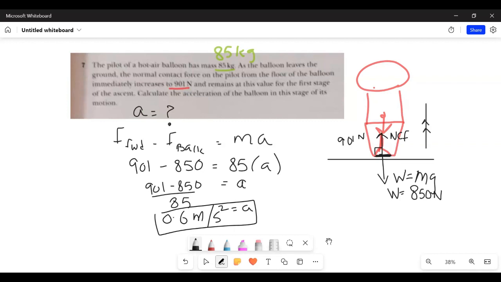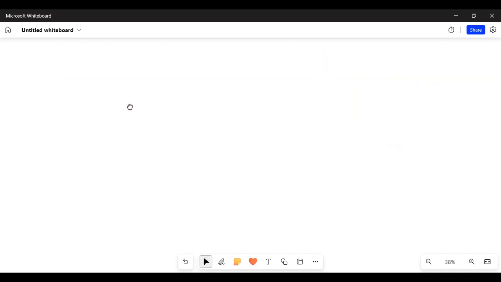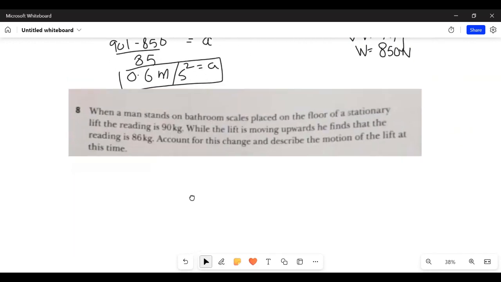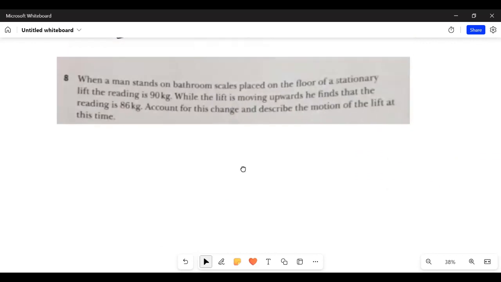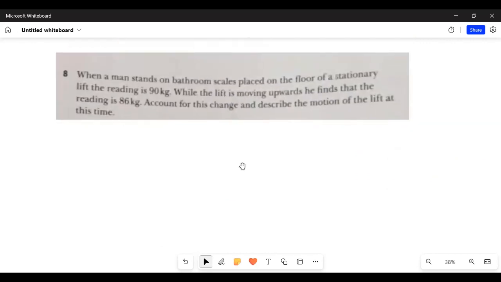Question 8. A man stands on a bathroom scale placed on the floor of a stationary lift. The reading is 90 kgs.